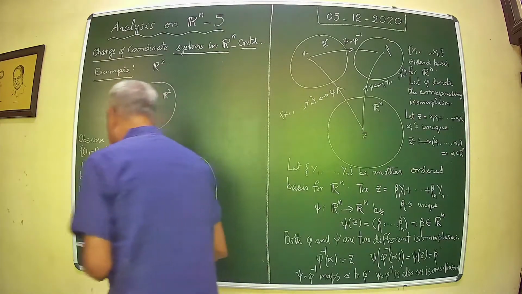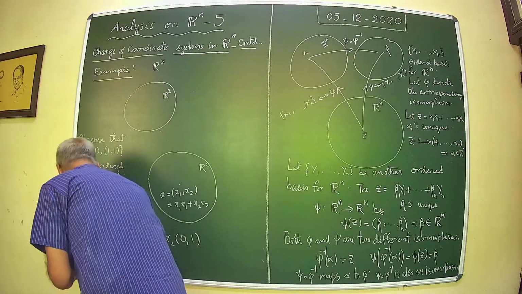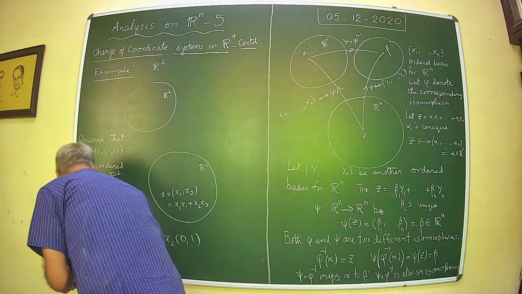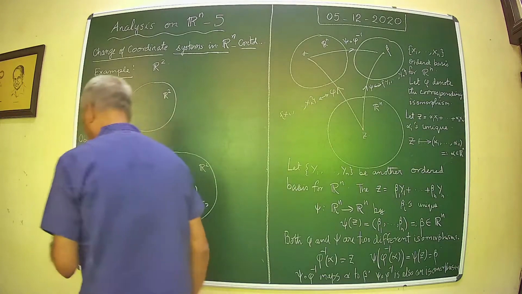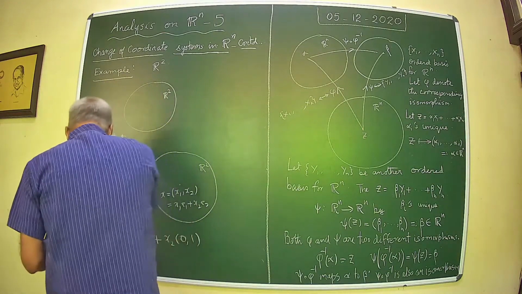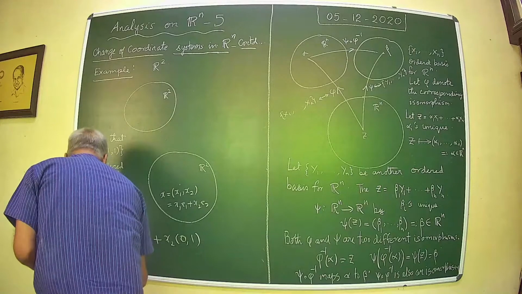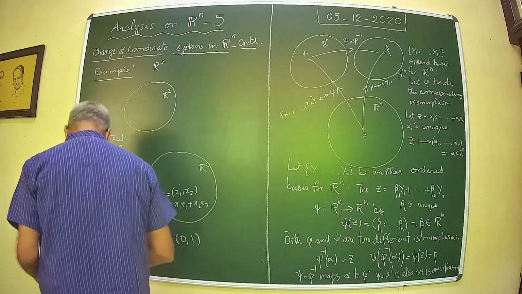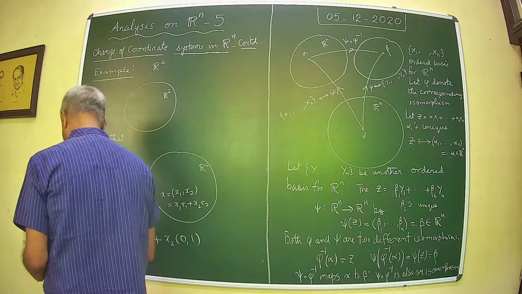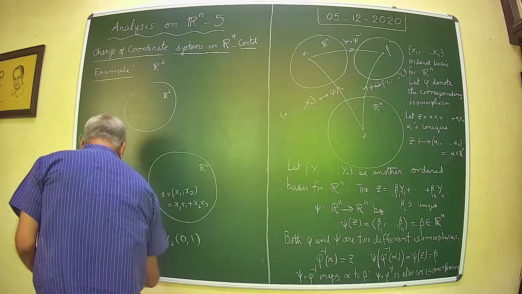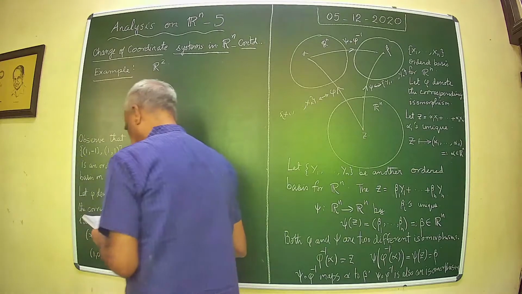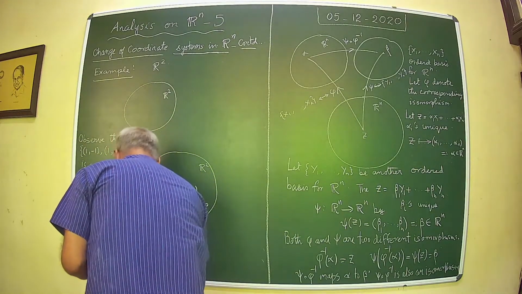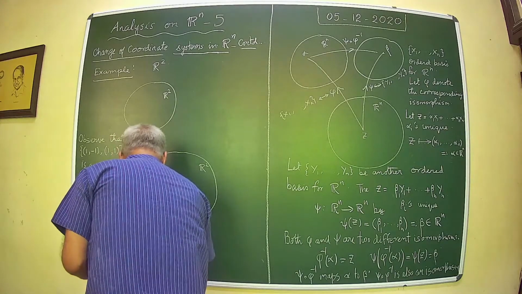You can easily verify that (1, 0) is equal to half of (1, minus 1) plus half of (1, 1).